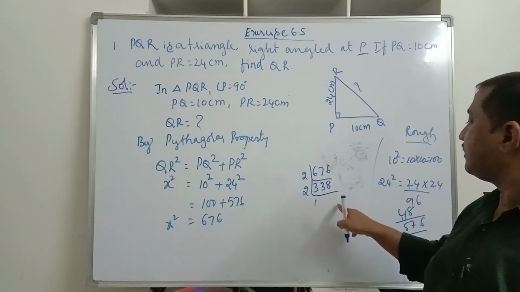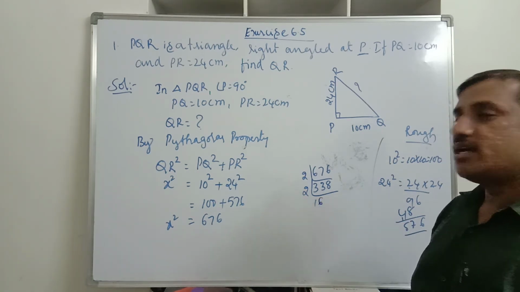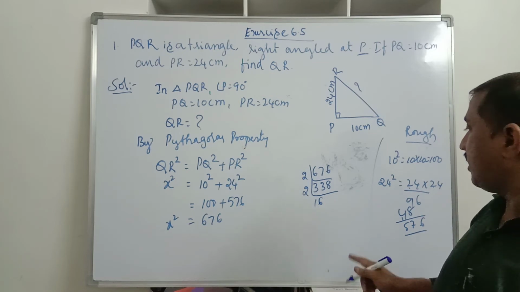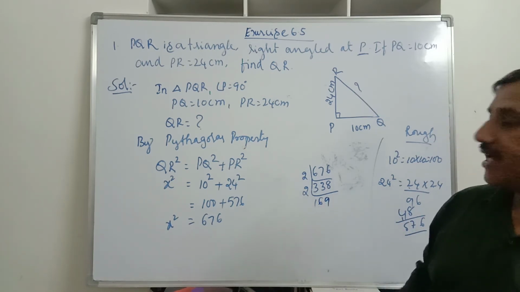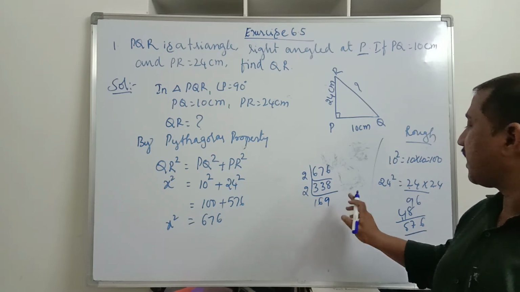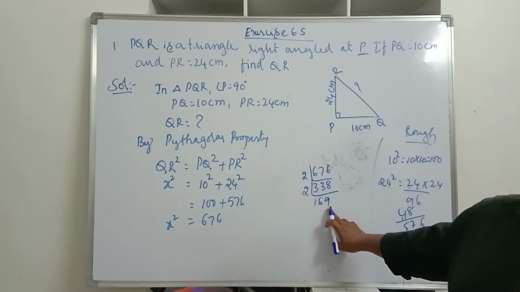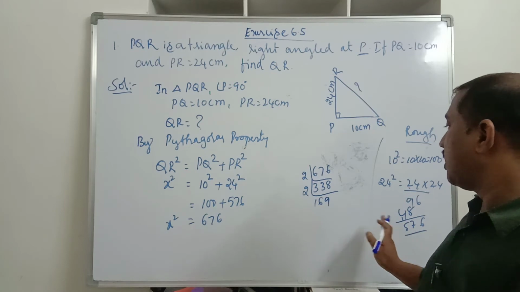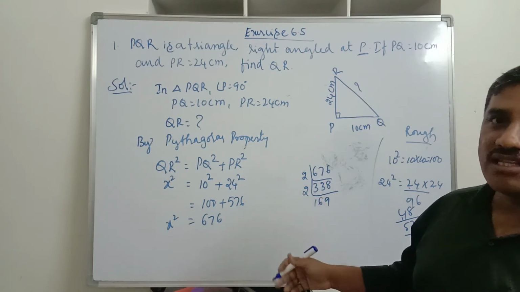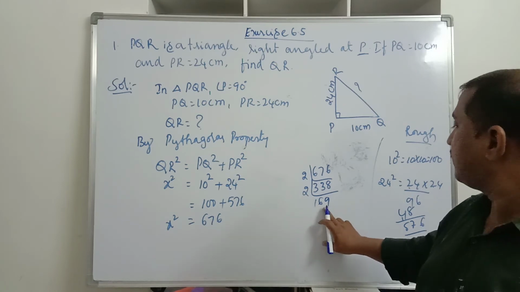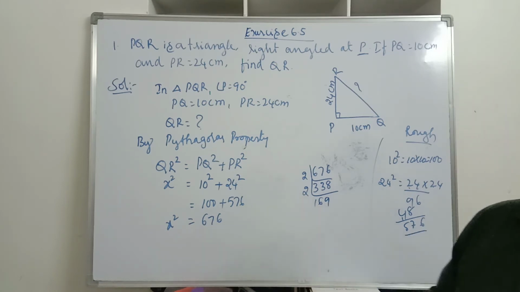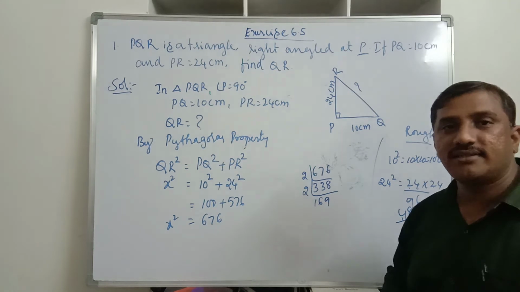Bring down 3, 13. 2 6s are 12. 13 minus 12 is 1. Bring down 8, 18. 2 9s are 18. Next you check what prime number it is divisible by. 9 is there in the units place, so it is not divisible by 2. So you check for 3. What is the divisibility rule for 3? Add all the digits. 1 plus 6 is 7. 7 plus 9 is 16, and it is not divisible by 3.